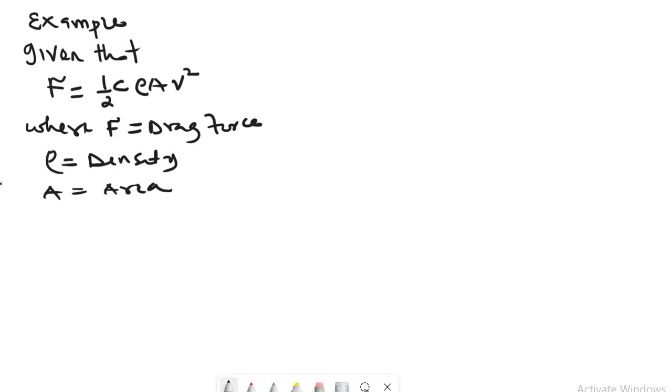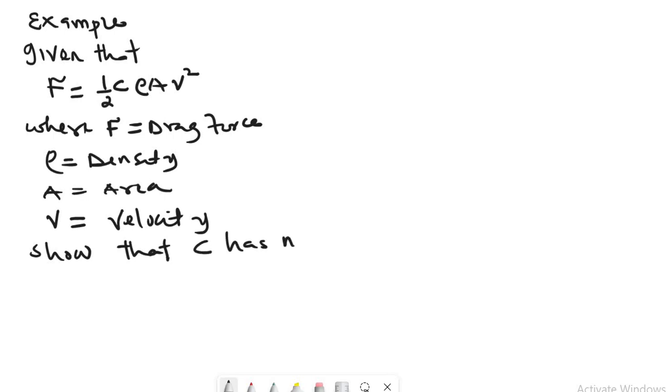They will tell you the meaning of the individual quantity, so you know the formula to use. V is velocity. The question is show that C has no unit.